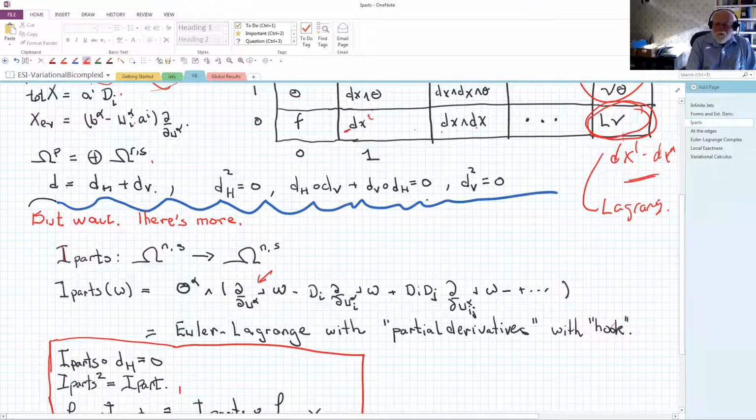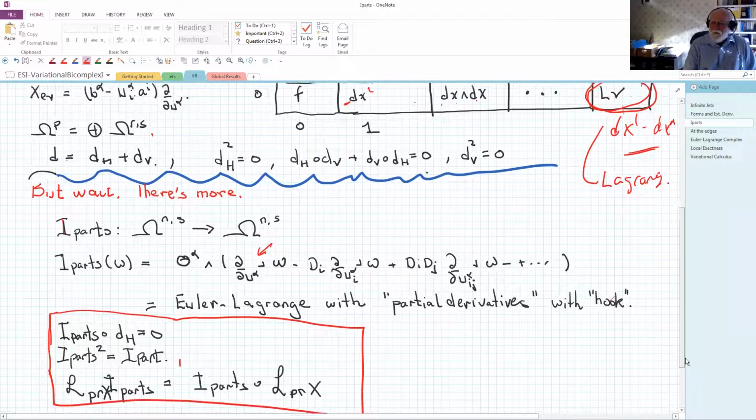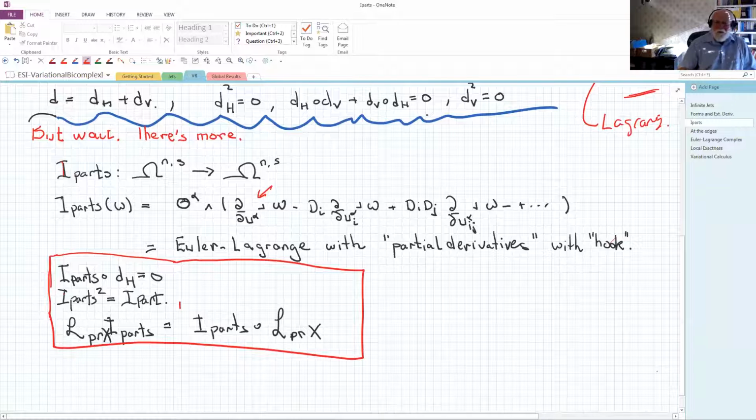So if we were doing Euler-Lagrange, this would be the partial derivative of the Lagrangian. Here I'm hooking in with these vertical vector fields. So this I parts is sort of like an Euler-Lagrange operator with partial derivatives replaced by interior products. And this has some really amazing properties. One, it kills horizontal derivatives. Two, it squares to itself, so it's a projection operator. It's kind of strange to see a differential operator be a projection operator, but that's what happens. And three, this is a natural differential operator, so it commutes with itself.